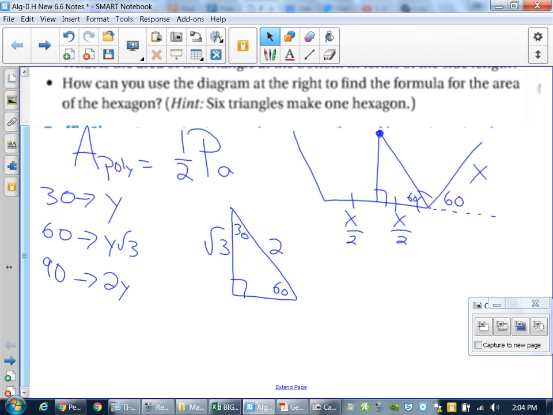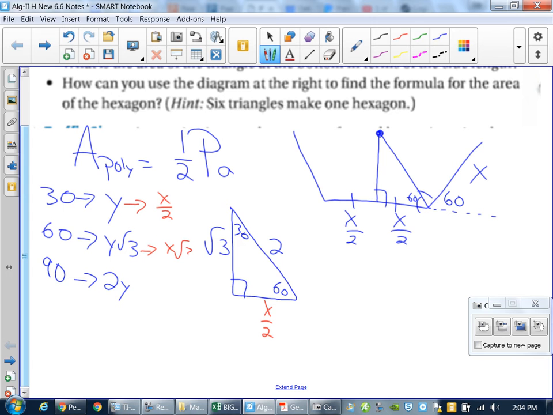I know across from my 30 is x over 2. Across from my 60 is x root 3 over 2. Across from my 90 is double x over 2, and you get x.